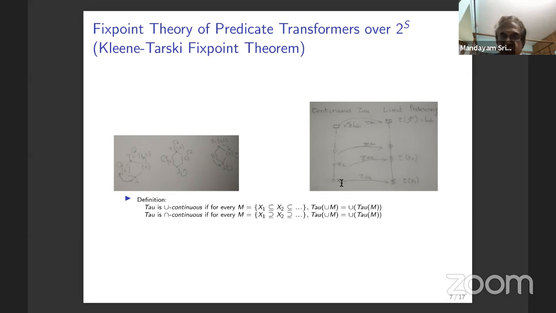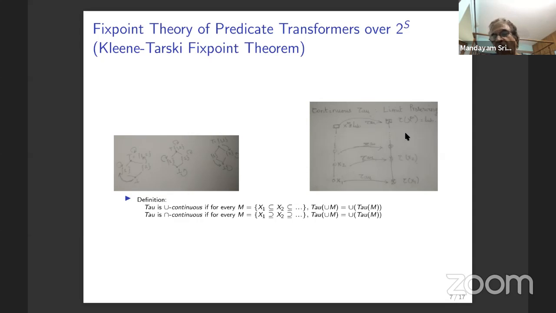So what this continuity requirement guarantees is that you can map each element, which themselves will then form a chain because tau is monotonic, and then the limit of this tau chain will be the one element that will be mapped by tau on the limit of the chain.